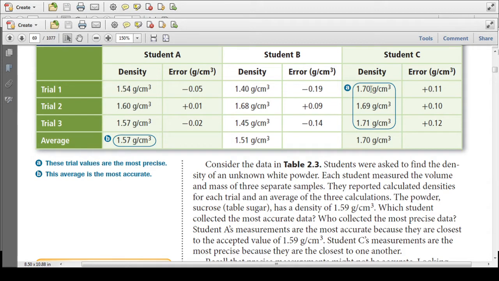They tend to be within about 200ths of a gram per centimeter cubed, whereas if we look at student A, it looks like they were within about 600ths of a gram per centimeter cubed.